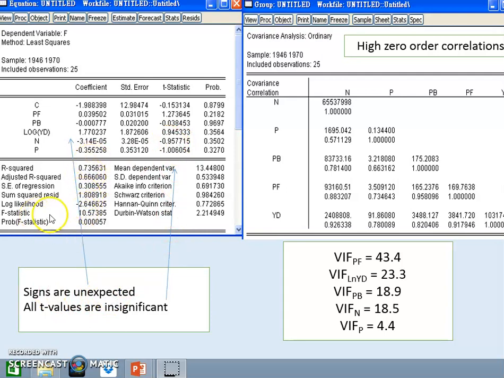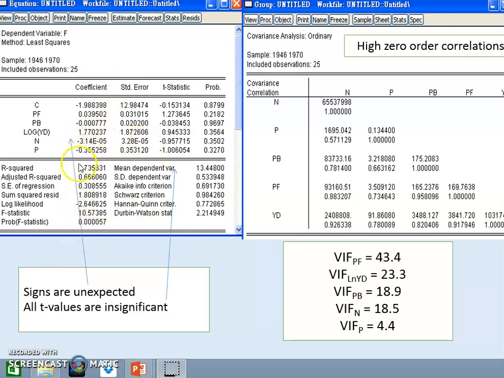And if you look at the F-stats here, 10.57, the p-value is very small, so if we do the overall significance test, we will reject H0, meaning jointly all the variables do affect Y.